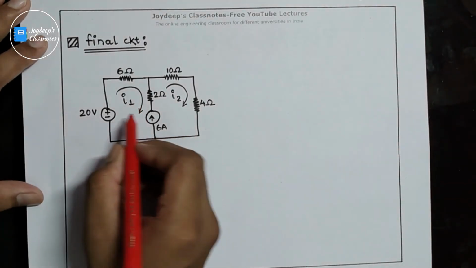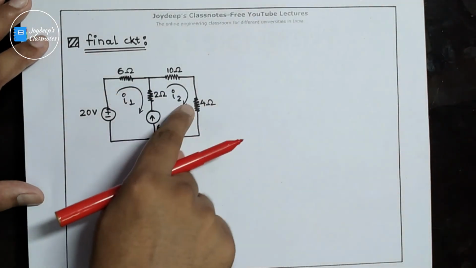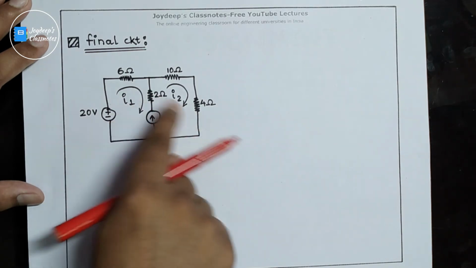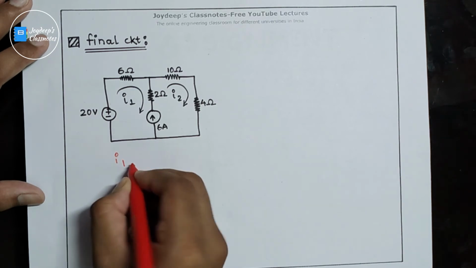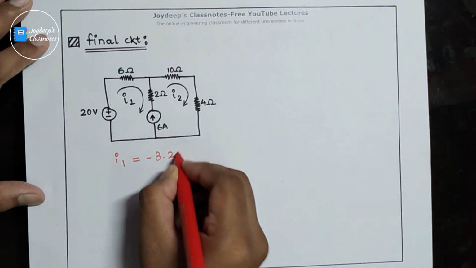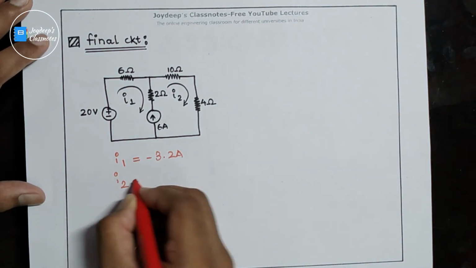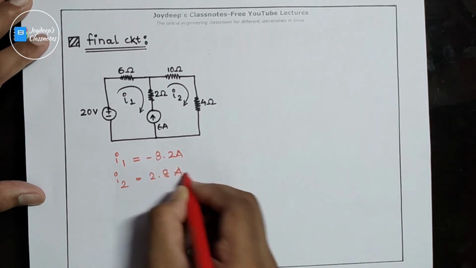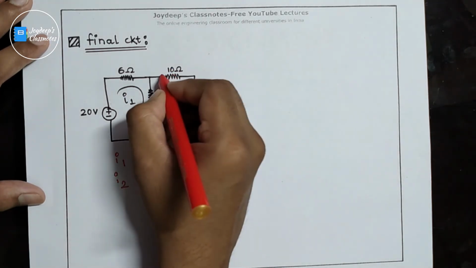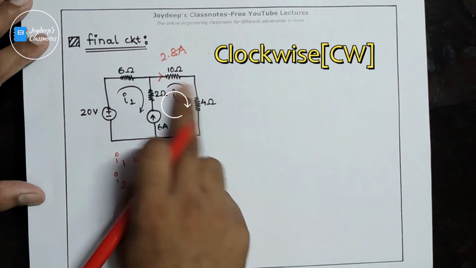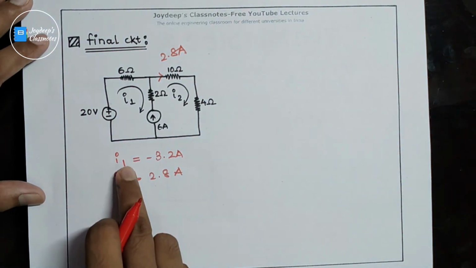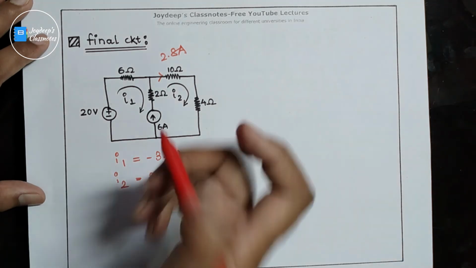So the final circuit is what? The direction of I1 and I2 that was given in the question is clockwise, right? But the answer we got is I1 is equal to minus 3.2 amps and I2 is equal to 2.8 amps. That means I2 is flowing in this direction only, that is clockwise, but I1 is flowing anti-clockwise.